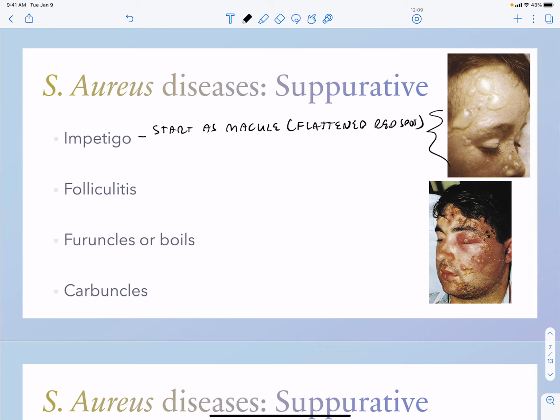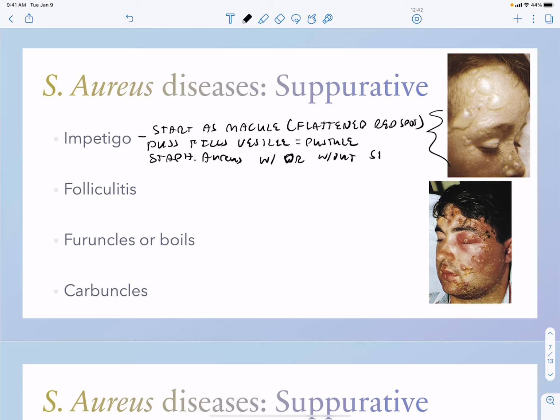And then pus is going to fill a vesicle, and this equals a pustule. And this impetigo can be caused by staph or staph and strep combo. So I'll say with or without strep. So strep can be part of it, but staph will be part of it.